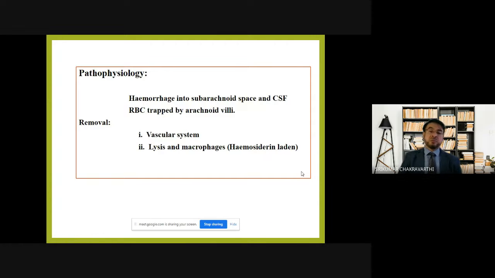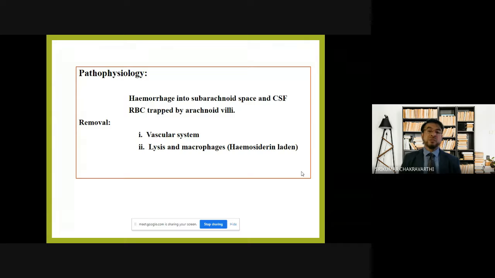From a berry aneurysm, the blood ruptures and passes into the subarachnoid space and the cerebrospinal fluid. If you may recall, cerebrospinal fluid is a clear fluid, but it can get turbid and red because of the RBCs, and it can become pink.